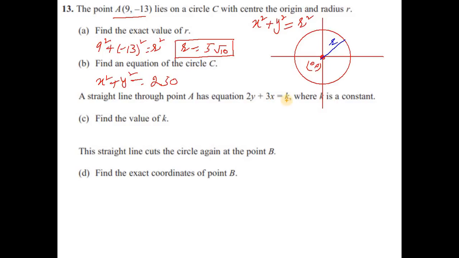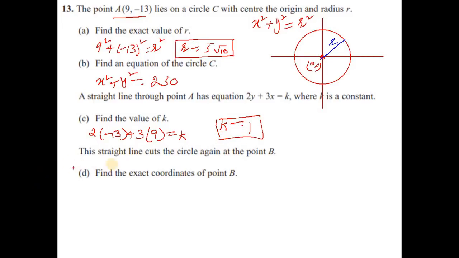That means in order to find k, we just replace x and y with these values. So you can say that 2 times -13 plus 3 times 9 is equal to k. So k is equal to 1. This is the value of k.